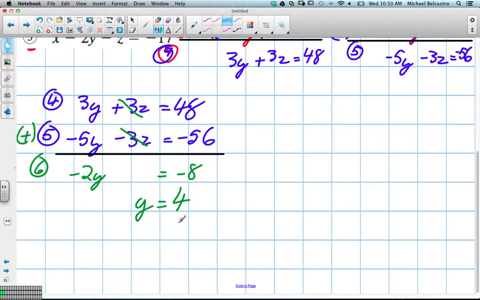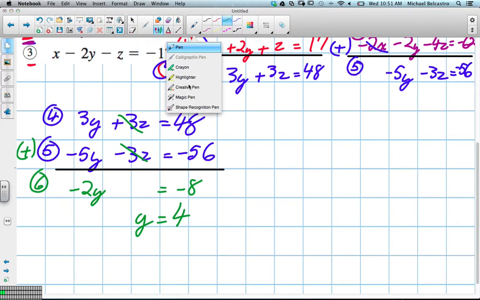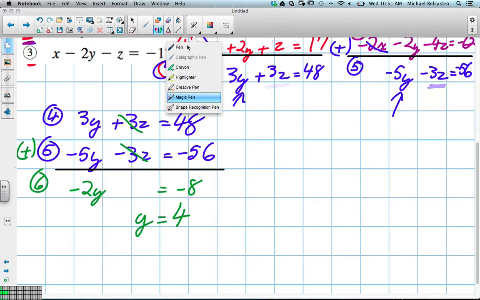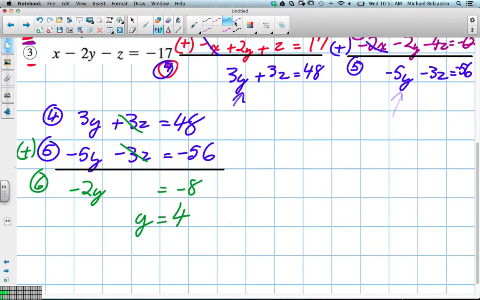Now that I've done that, I'm going to take this value of y and plug it into either equation 4 or equation 5. The reason being, we'll only have to isolate for z next. We have a value for y. I can't remember which one I did before, but let's just take equation 4.